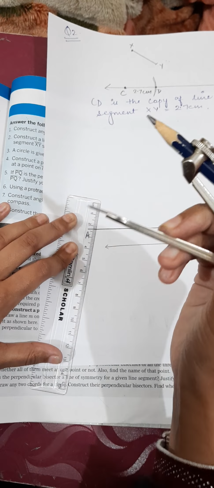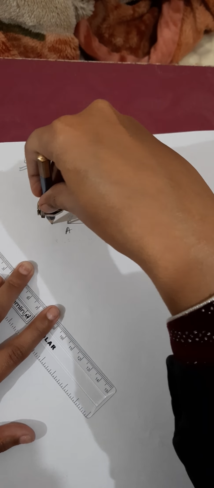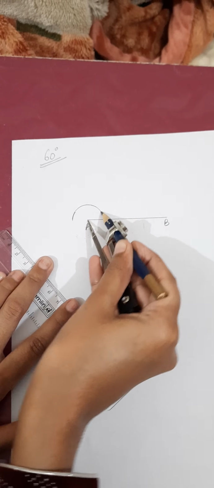How you're going to make it? Take any length, any line segment. I have taken it here like this. This is A and this is B. Now open up the compass to any measurement. Place the needle of the compass here on A, and then this is the semicircle I have drawn.